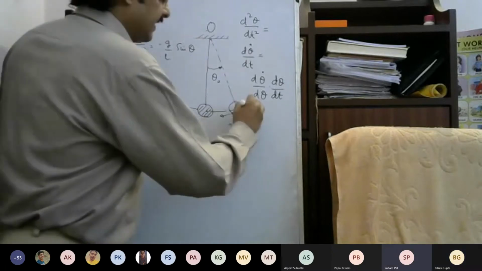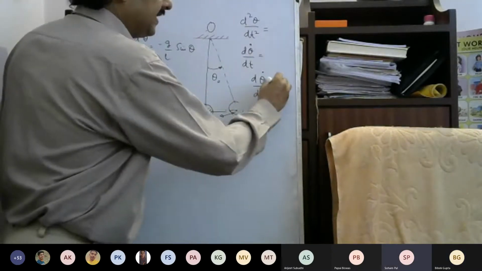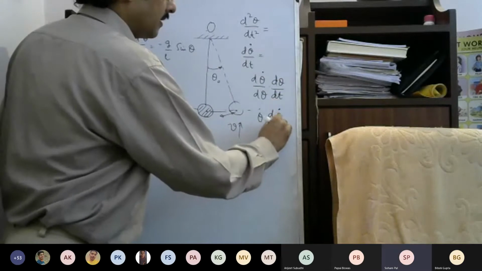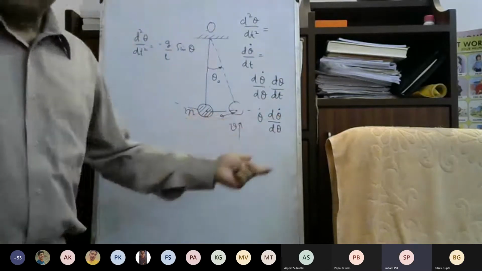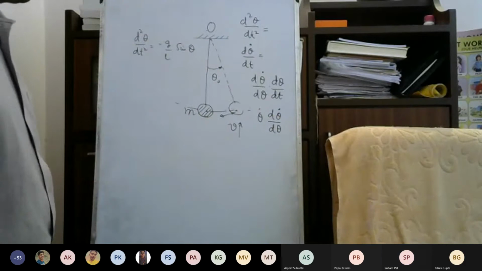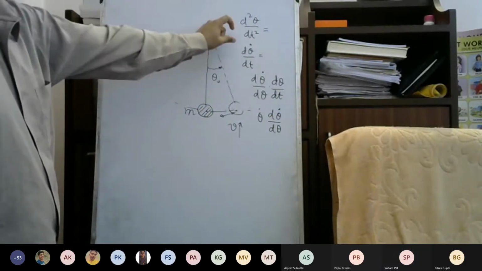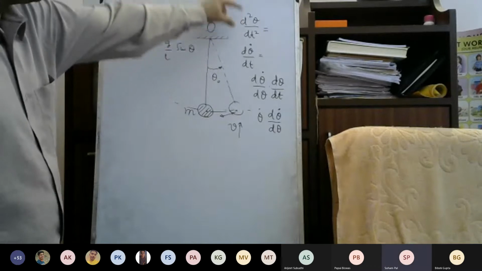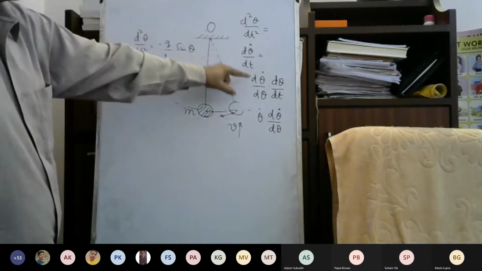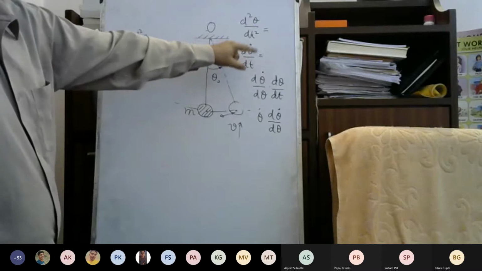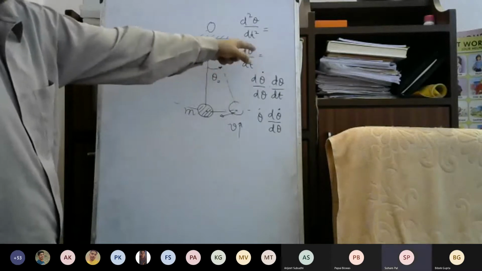Right? And this becomes equal to theta dot, since d theta dt is theta dot. Have you followed? Yes, sir. d2 theta dt square equals d theta dot dt, just a notation. Theta dot is d theta dt. I then write theta dot as a function of theta, which is of course a function of time.